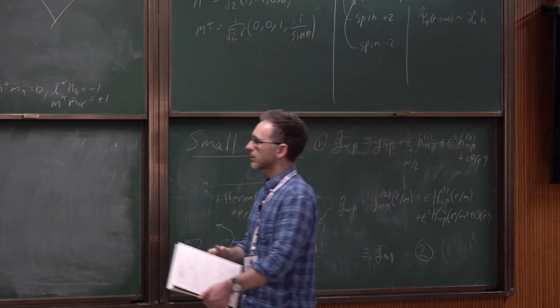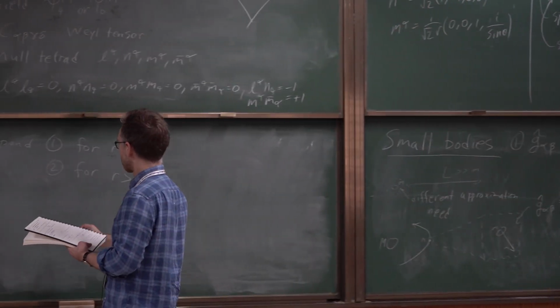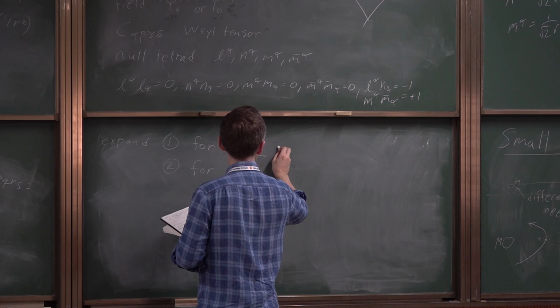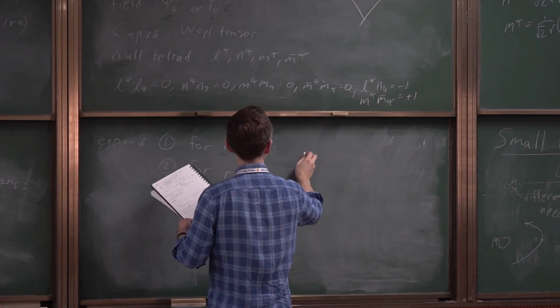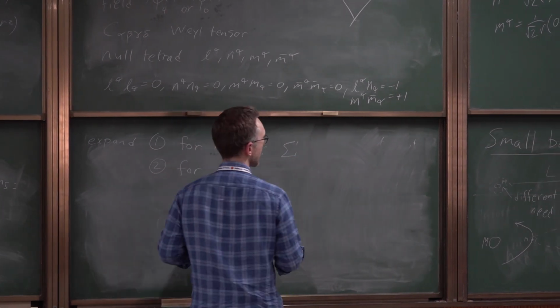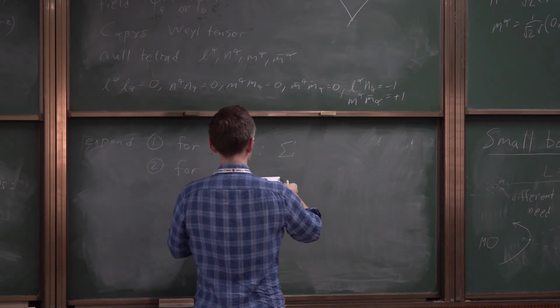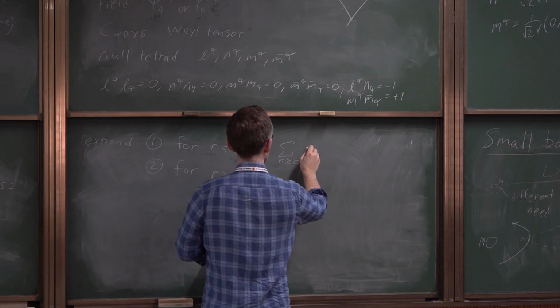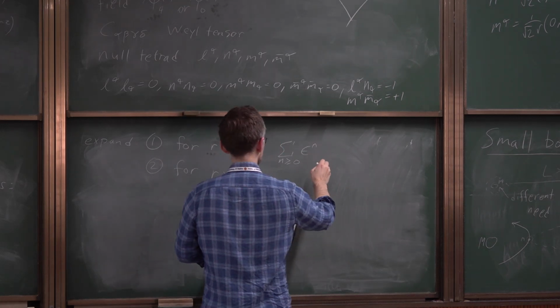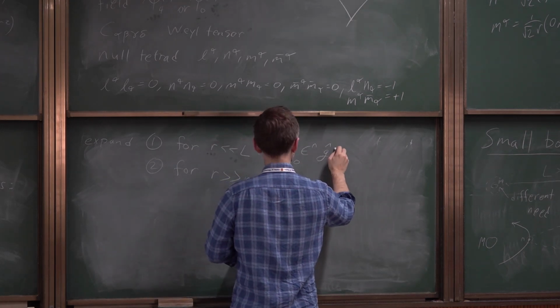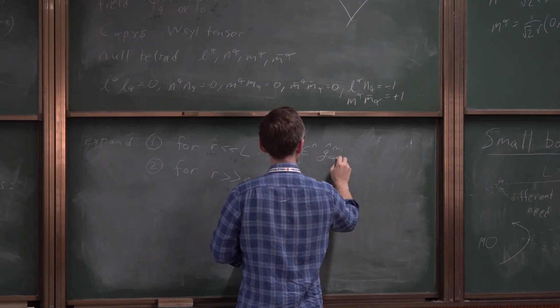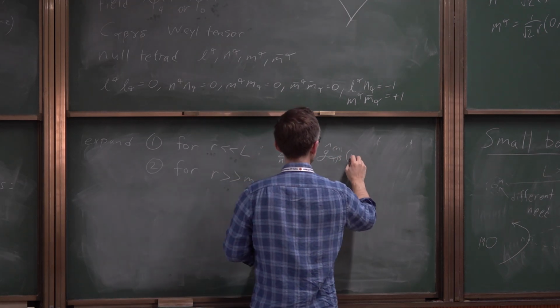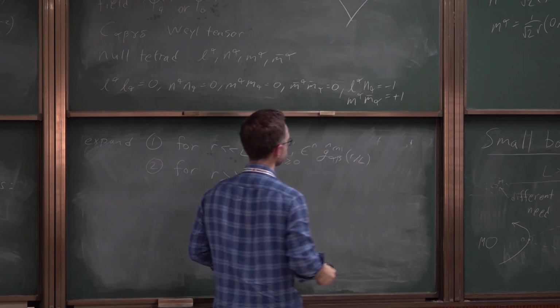So these two re-expansions give me a double expansion. So I'm going to write one as a sum of epsilon to the n, g hat n alpha beta, as a function of r over L.